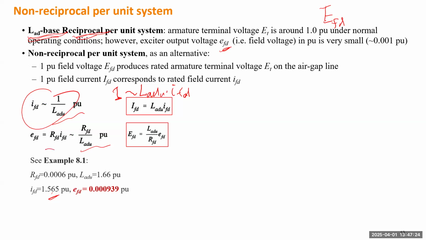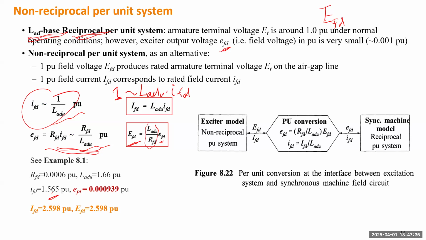Similarly, from the second equation, if we multiply the EFD by this factor, the capital EFD will be around 1. For instance, if you do the calculation, the capital IFD, EFD will be higher than 1. Although they're not near 1, they're much better than a very small number.